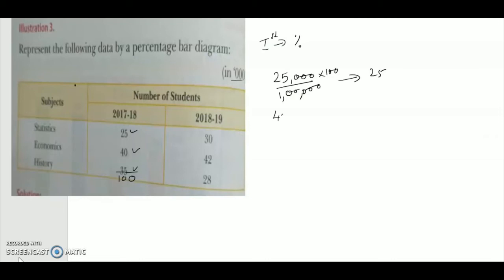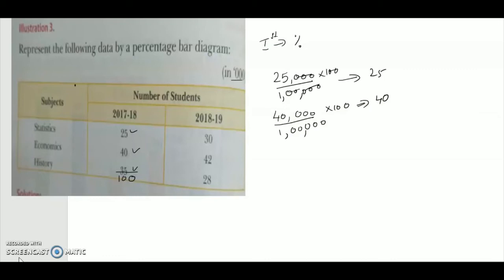And if you calculate the percentage of the next number, that is 40,000 divided by 1 lakh, that is 100 into 1000. I wrote here again 100. Then what is the value here? Also 40. In the same way you will get all the values of percentage. The percentage and the total values given here are the same because all are given in 1000 terms.